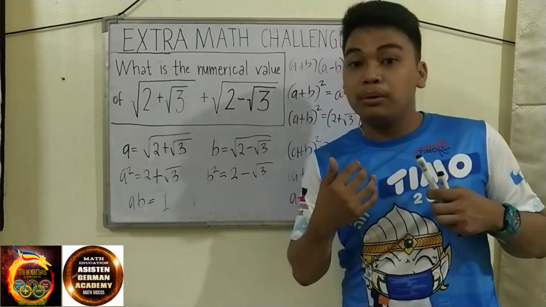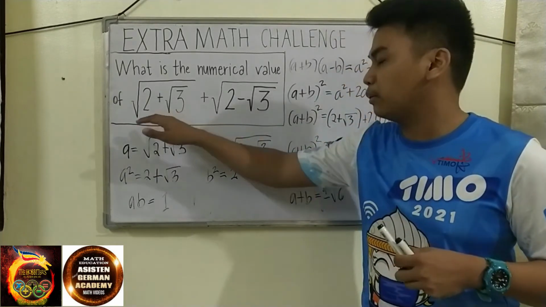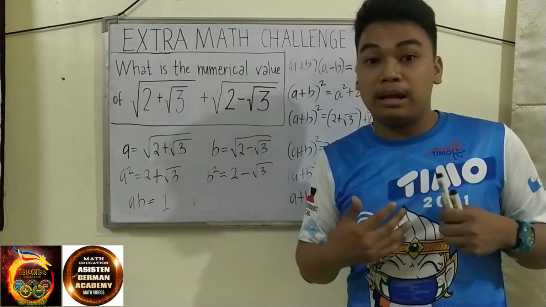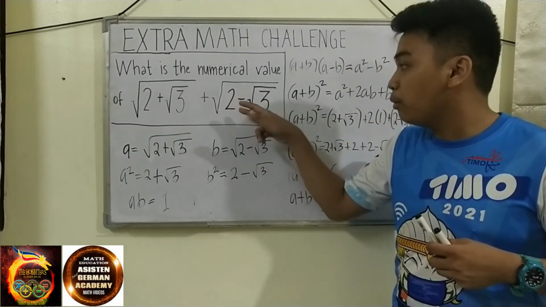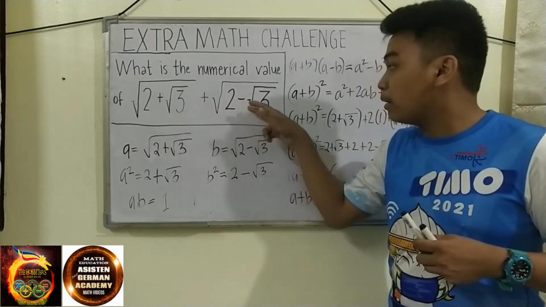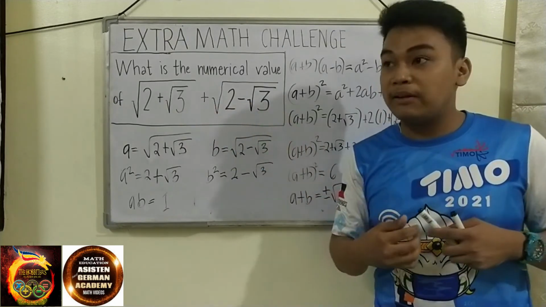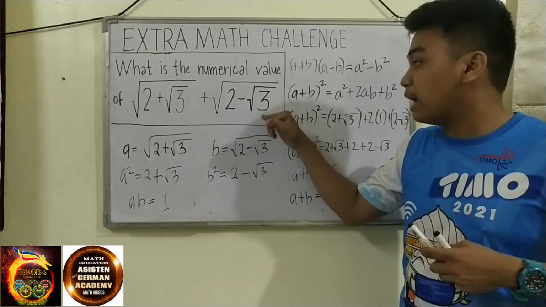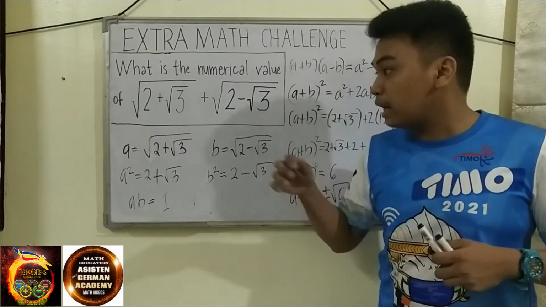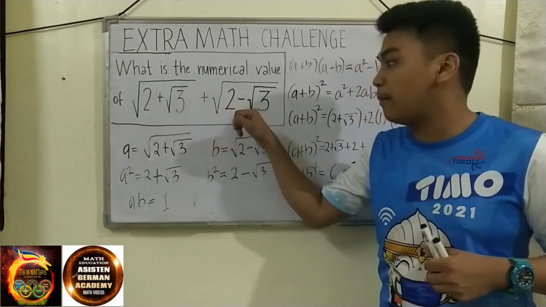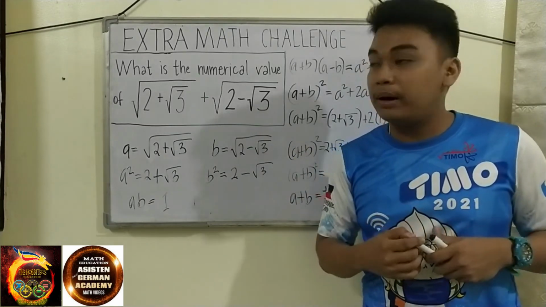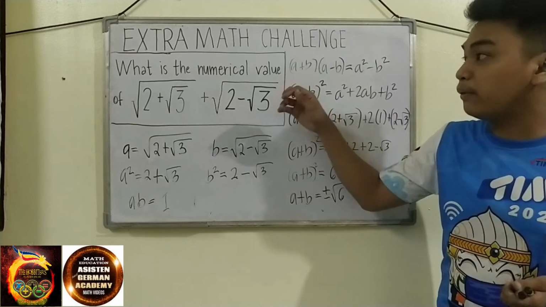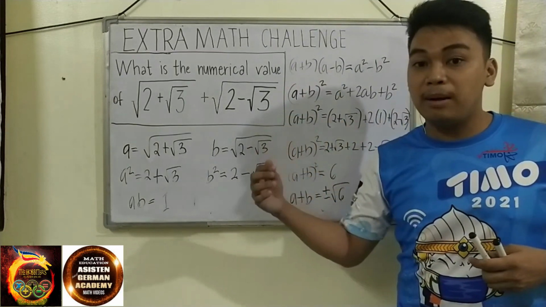If you use a calculator, that is equal to 3 point something. And this expression, 2 minus square root of 3, is also positive because 2 is greater than square root of 3. That means if you add a positive and a positive number, the result is also a positive number. That means our answer for this problem is a positive number.